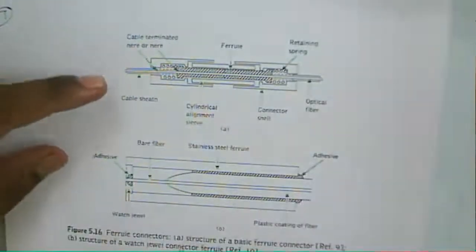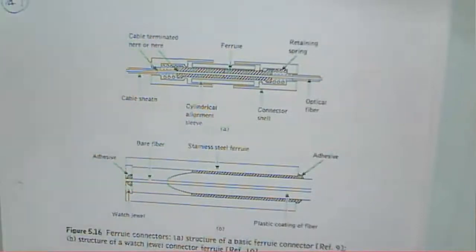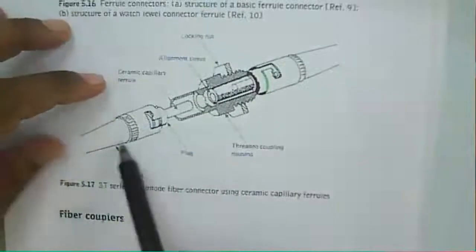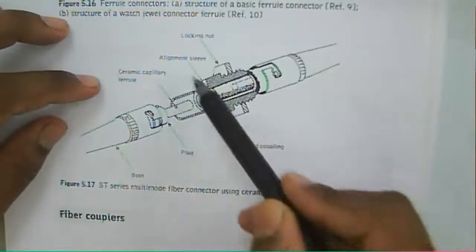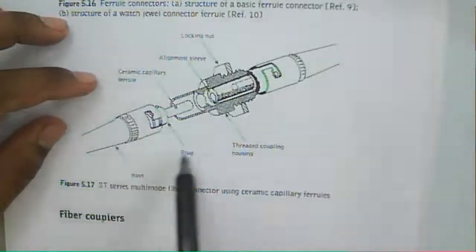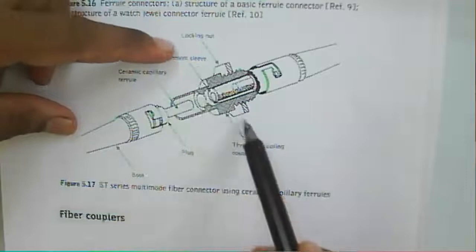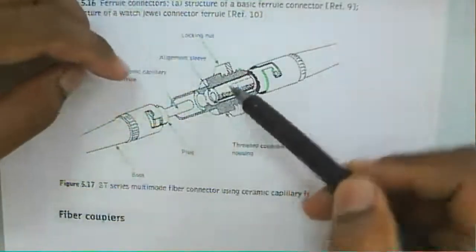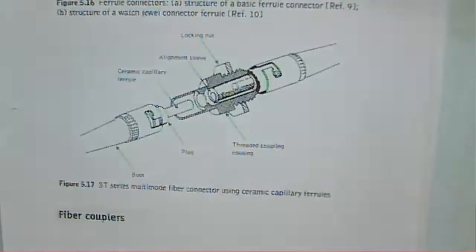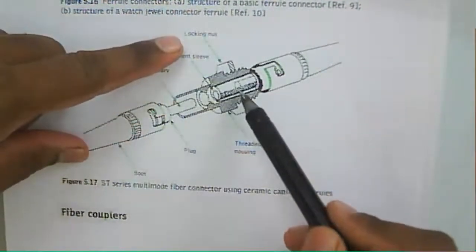There is another way of connecting two fibers, a multi-mode fiber connector. We have a ceramic capillary ferrule, then the alignment sleeve, so that we insert the two fibers here using this connector, locking it here.